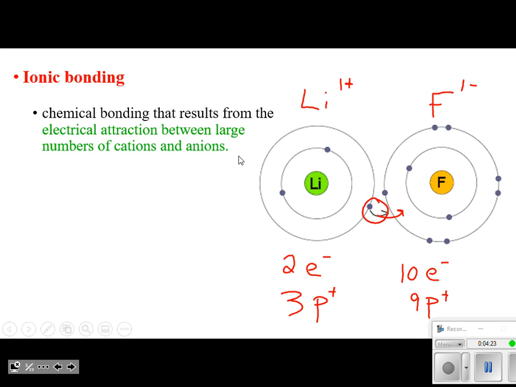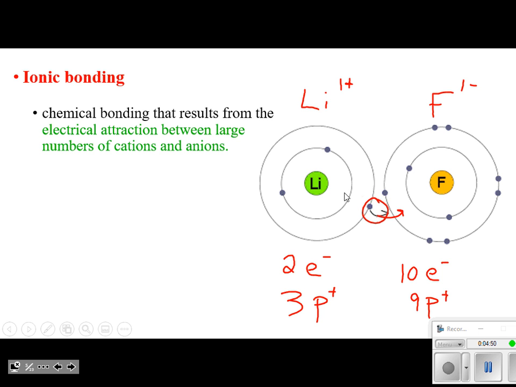If I look right here, what is actually happening? Okay? We talked about electron configurations, and we talked a little bit about how they want to fill their outermost energy levels to become more stable. All right? If you look at lithium right here, this electron right here would be the 2s1.